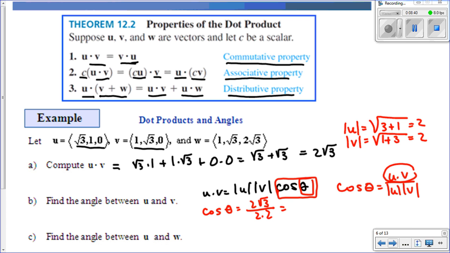So we have the cosine of theta is the square root of 3 over 2, and we know that the angle theta between 0 and pi that has cosine with a value of square root of 3 over 2 would be 30 degrees or pi over 6. So we can use this formula, which is just rearranging that definition of the dot product, to find the angle between two vectors.